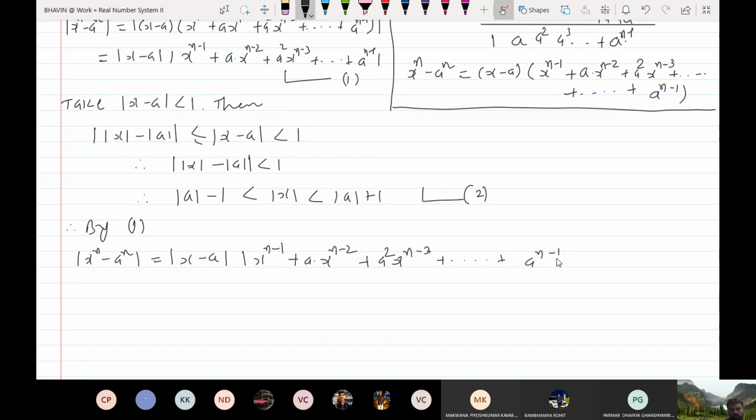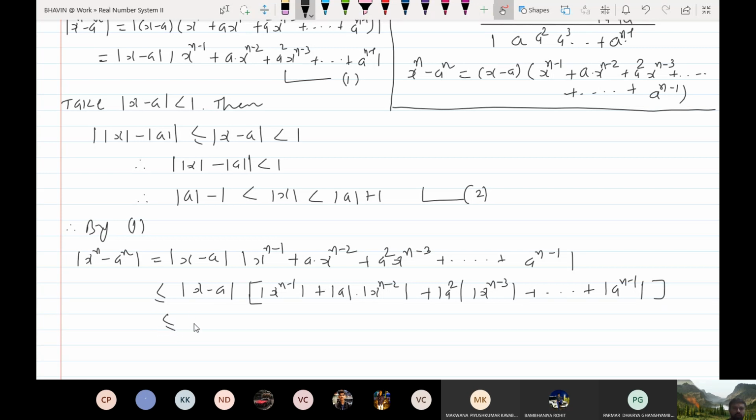The last term is a raised to n minus 1. I apply the triangle inequality in the second term so that you will get modulus of x raised to n minus 1 plus modulus of a into modulus of x raised to n minus 2 plus modulus of a square into modulus of x raised to n minus 3, and the last term is modulus of a raised to n minus 1.